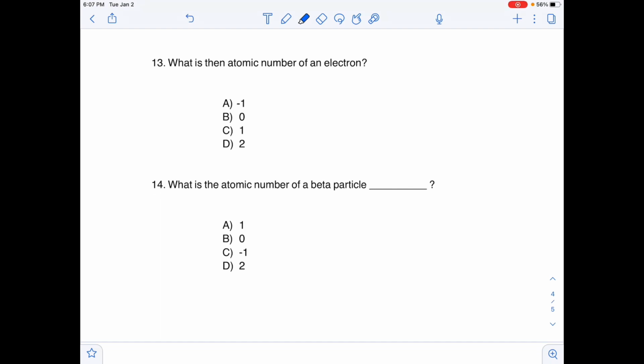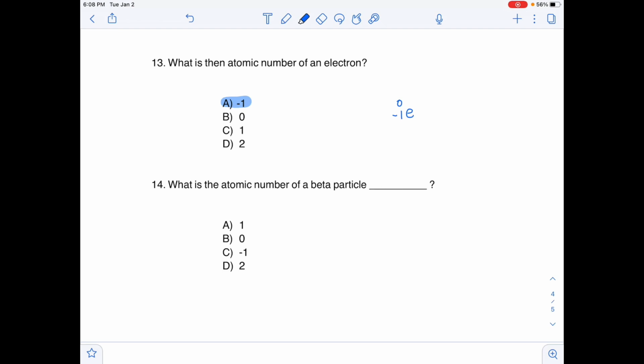For 13, it says, what is the atomic number of an electron? So an electron can be written like that, and it has a mass number of 0, but the atomic number is going to be -1, and this is something that you should know.